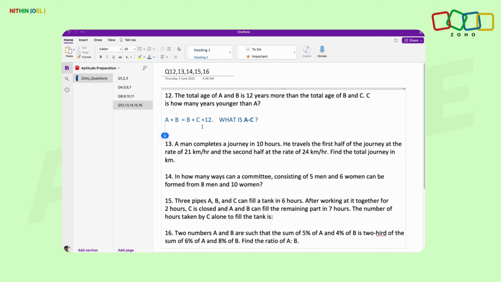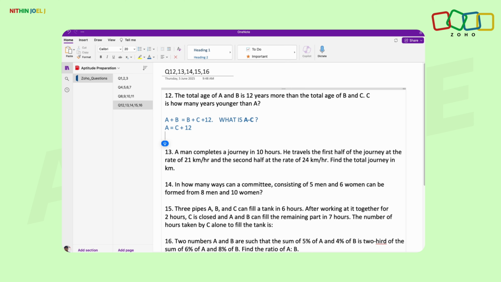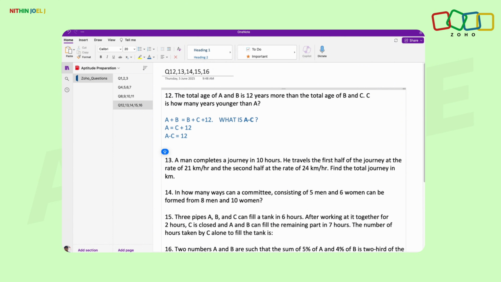Now let me cancel B over here. So the equation becomes A is equal to C plus 12, and now A minus C is equal to 12. So C is 12 years younger than A. So this is our answer.